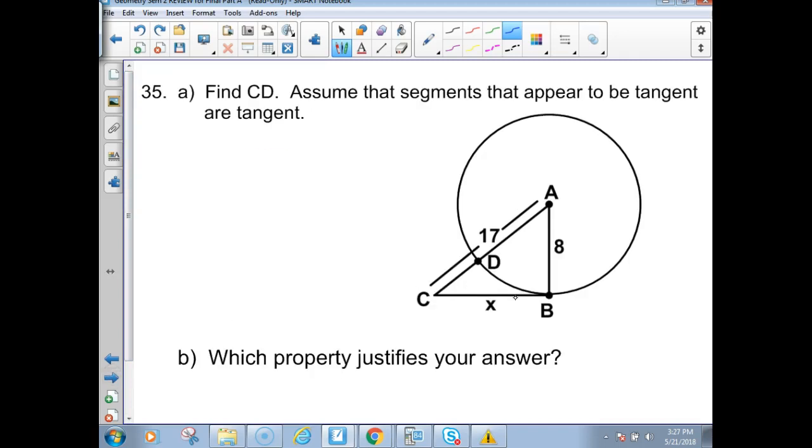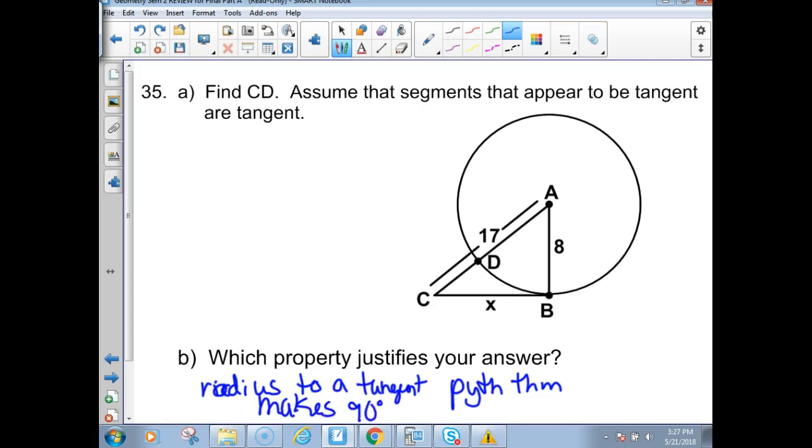35, you would use Pythagorean theorem. That's going to justify my answer. Pythagorean theorem, and that radius to a tangent makes a 90-degree angle. So what my point is, if you have a radius drawn to a tangent, you get a right angle right there. And then you can do the Pythagorean theorem.